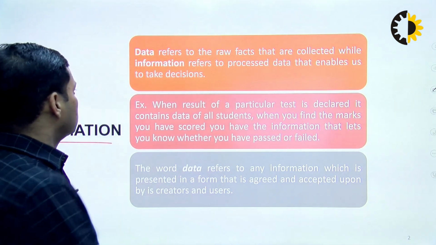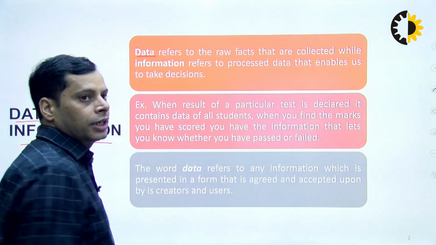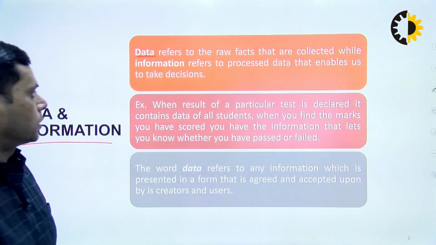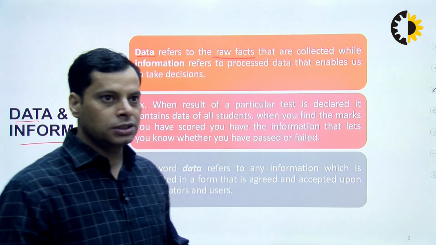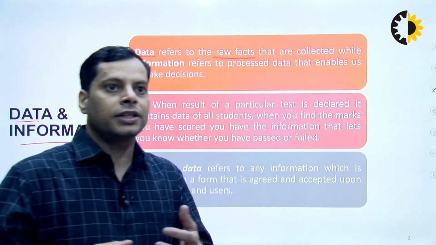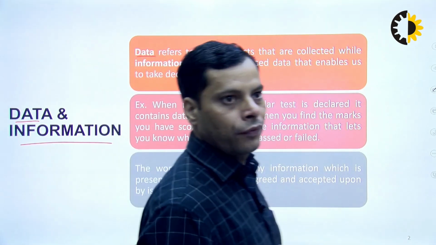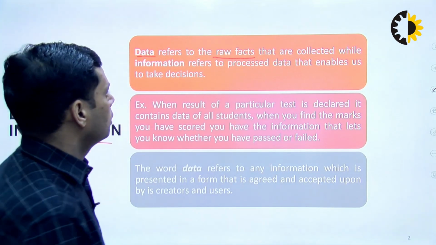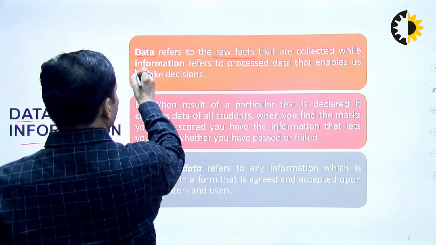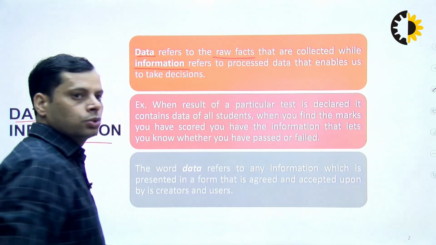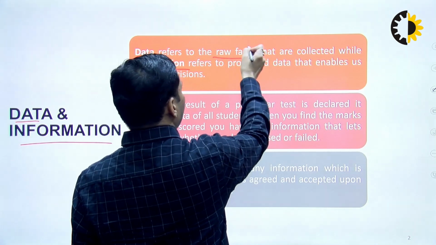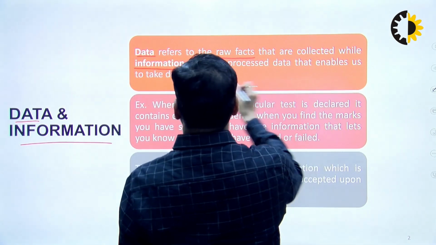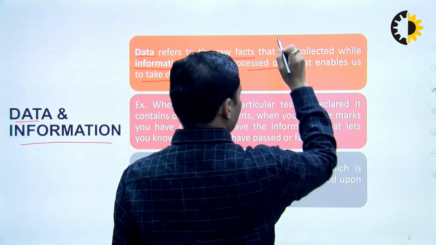Data refers to the raw facts that are collected, that means some information content that can be collected. Information refers to the processed data, where the raw facts that are collected enable us to take a decision.